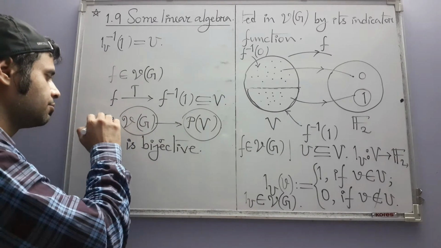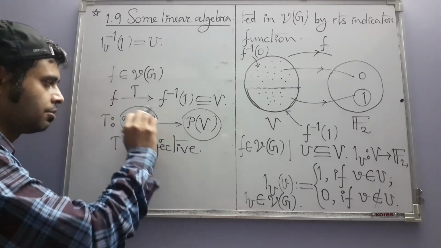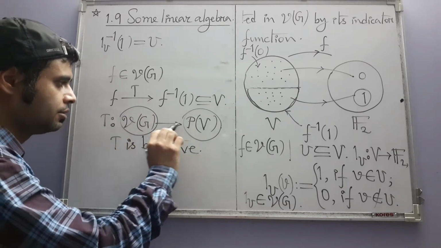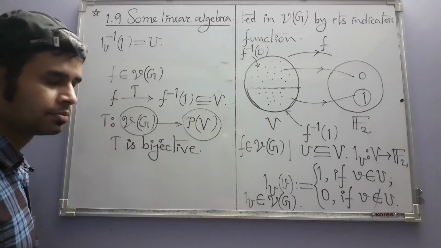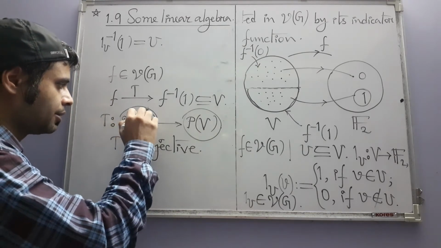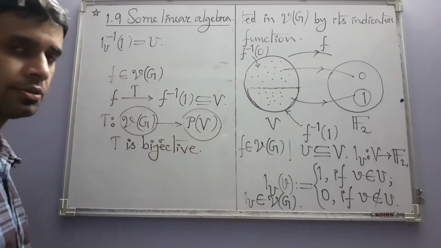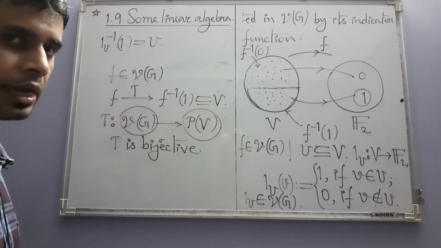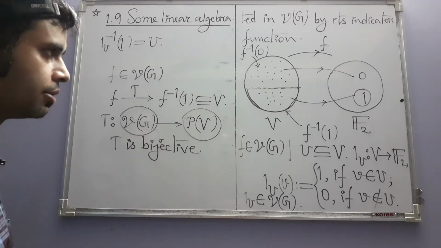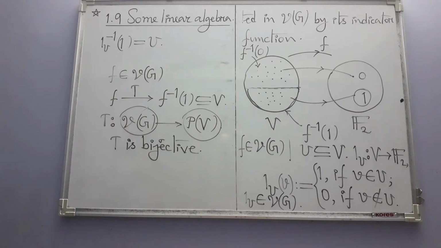That is, you are using a flashlight T to map nu of G into P of V. Now, can you use the flashlight to not just map the elements of this into this, but the operations also? Well, at least you can do that for addition in this way. That is the next thing.